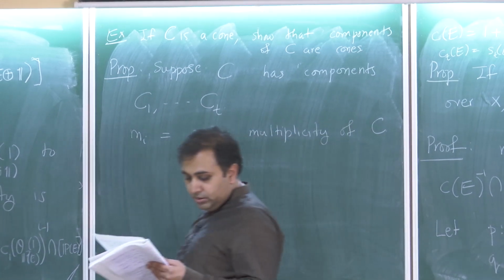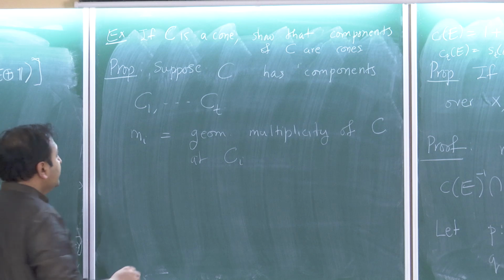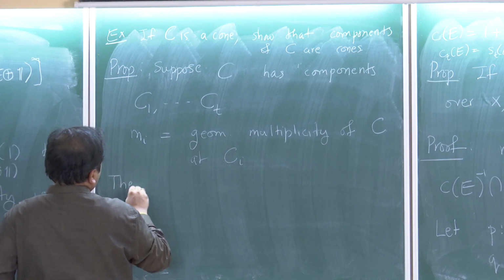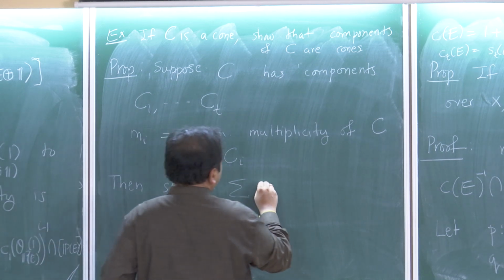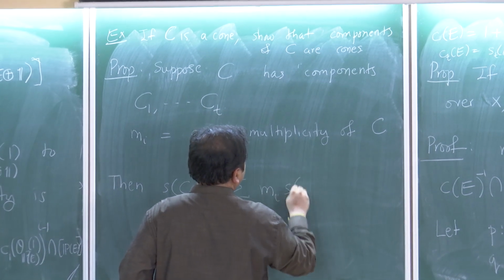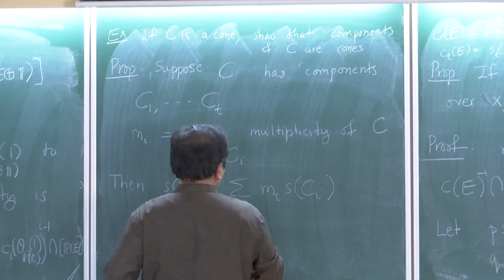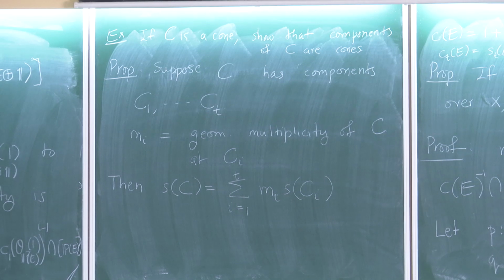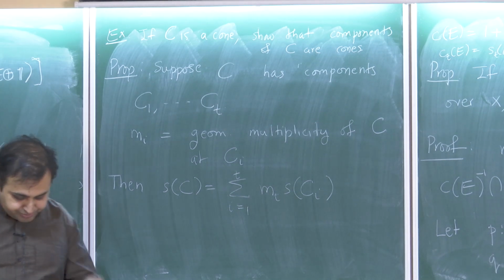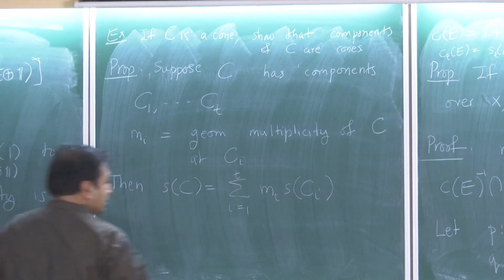Then the claim is that s(C) is equal to the summation of Mi s(Ci). Okay, so this is quite straightforward.